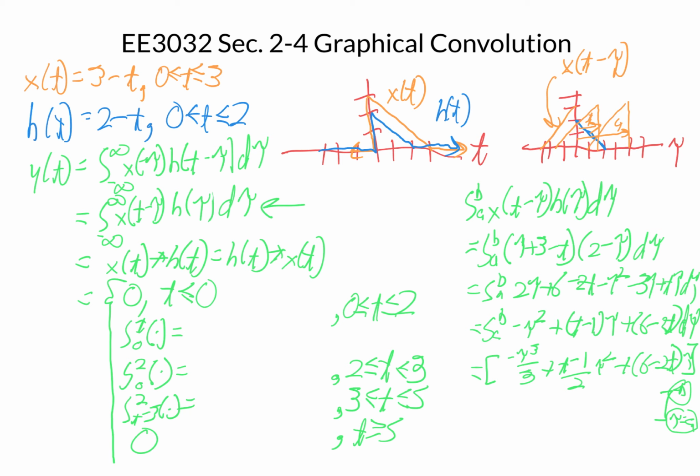So what am I left with? I am just substituting in the upper limit b, which is equal to t. So all my taus become t's in this expression, and I get minus t cubed over 3 plus t minus 1 over 2 t squared, because that tau is becoming t, plus 6 minus 2t times tau, which becomes t.